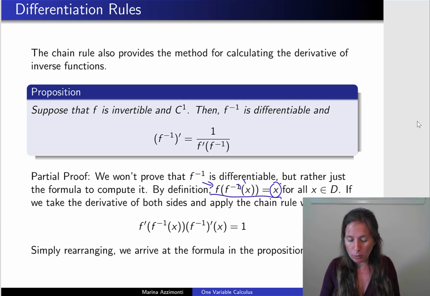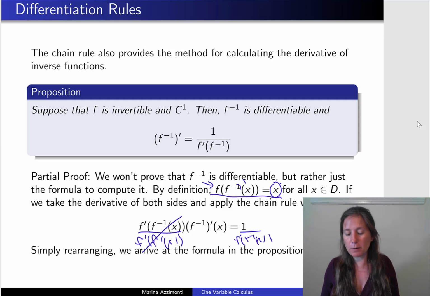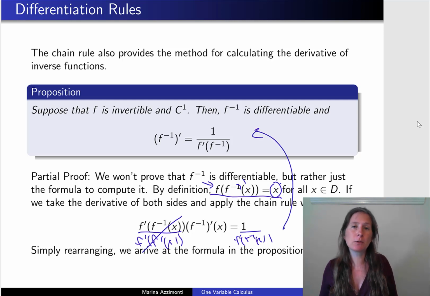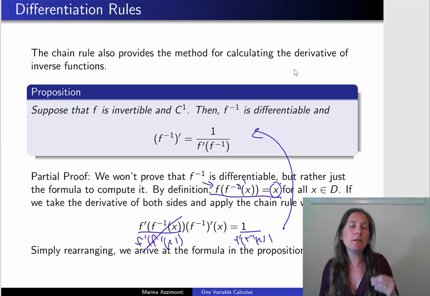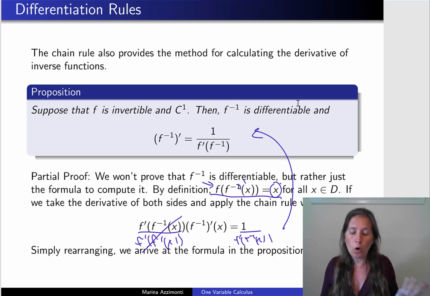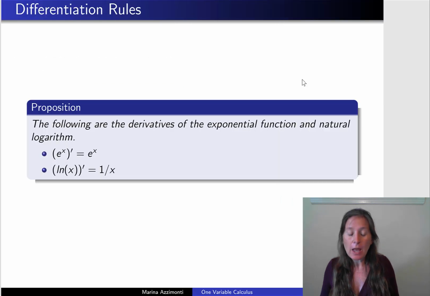And then we divide both sides by f prime of f inverse of x. We simplify and we get back the result. Okay, so the chain rule is giving us a way to compute the derivative of the inverse of a function.